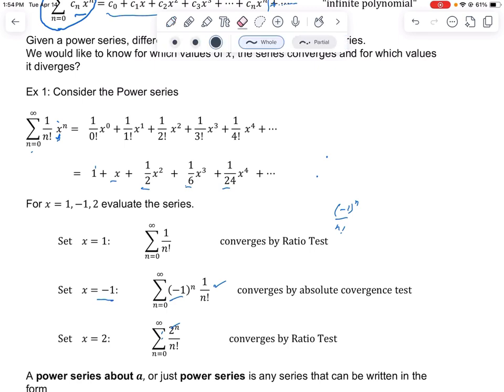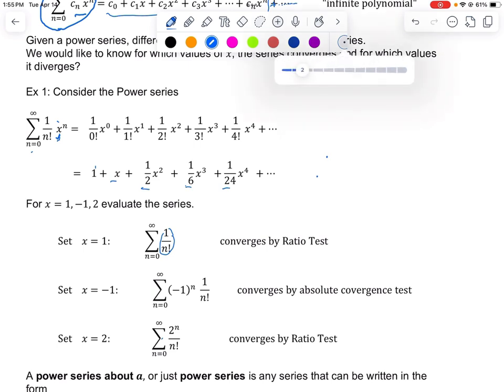For example, I have written here that the series summation of 1 over n factorial converges by the ratio test. So what was the ratio test? Remember, here a_n is this. We have to take the limit of the absolute value of a_(n+1) over a_n as n goes to infinity.